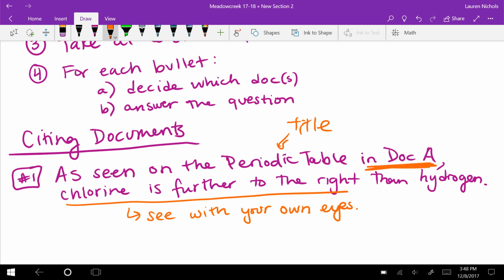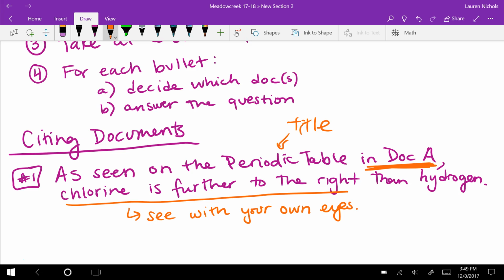However, if you were to say, as seen on the periodic table in document A, chlorine is more electronegative than hydrogen, then that would be an inappropriate way to cite document A, because the periodic table doesn't tell you that chlorine is more electronegative than hydrogen. What it does tell you is the position of chlorine on the periodic table compared to hydrogen's position, and then you know based on vocabulary and things like that from class what that means.